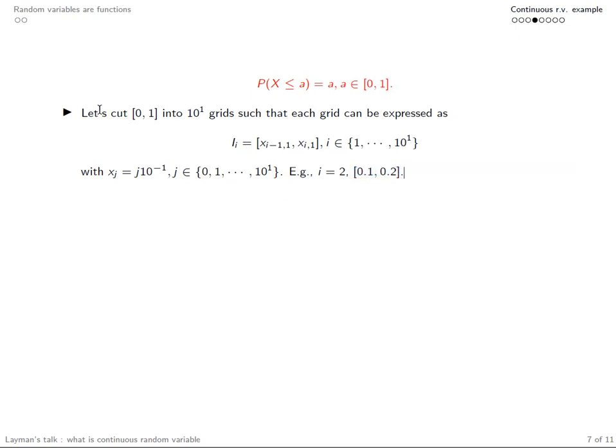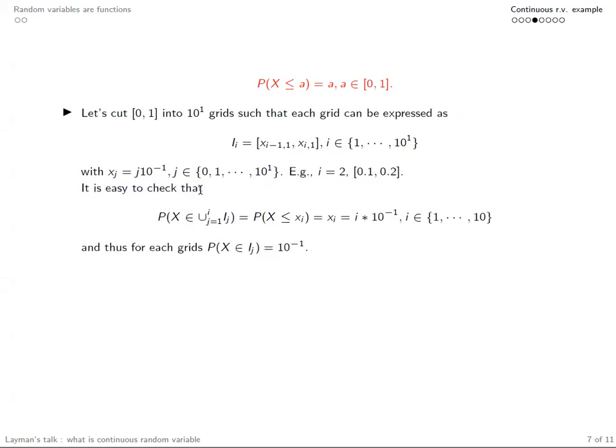So basically we cut [0, 1] into 10 pieces: the first piece from 0 till 0.1, the second piece from 0.1 till 0.2, and keep going. It's easy to check that the probability of the union of those grids, those intervals, is the probability of X smaller or equal to x_i, which is i times 10 to the power minus 1.